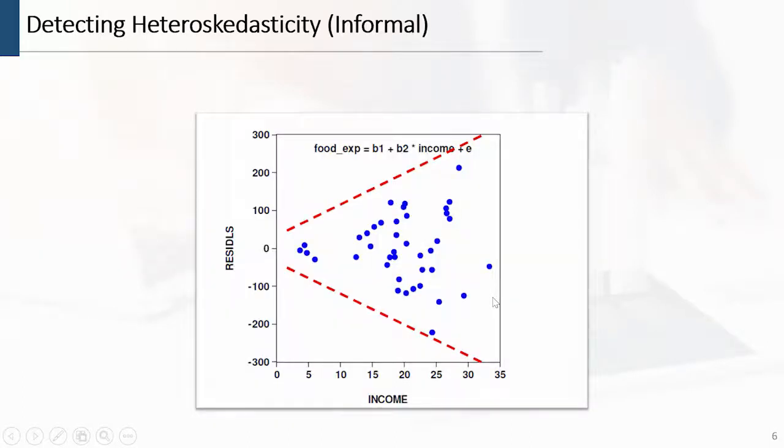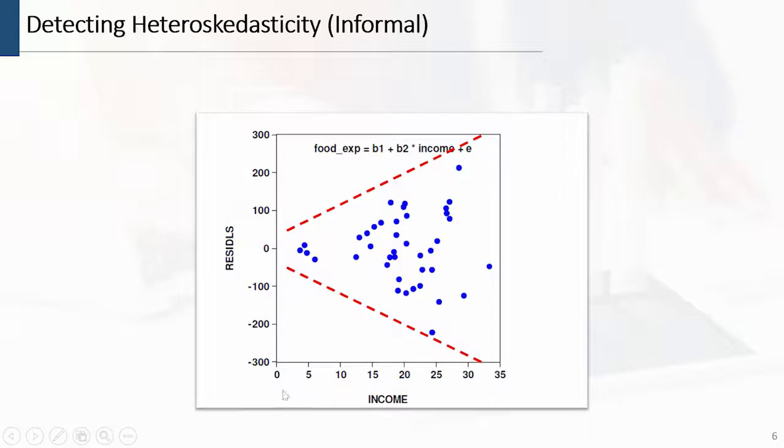All right. So let's first look at how we do the test informally. When you run a regression, you can just plot the residual against any independent variable and see whether it appears that the residuals have a constant mean.